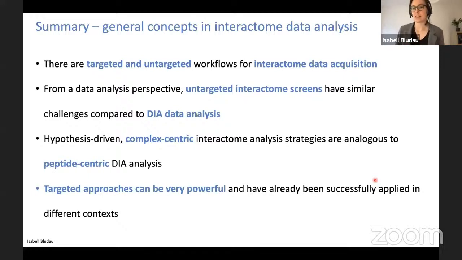These also exist in interactomics, and from the data analysis perspective, untargeted interactome screens have a lot of similarities and similar challenges with DIA data analysis. The hypothesis or complex-centric interactome analysis strategy can be seen as analogous to the peptide-centric DIA analysis, and it turned out to be a very powerful strategy that has been successfully applied in different contexts.